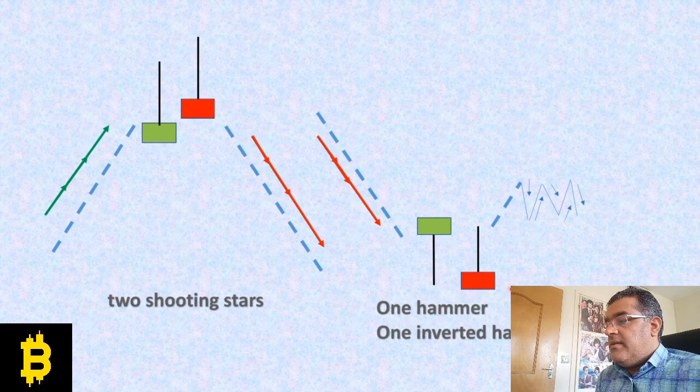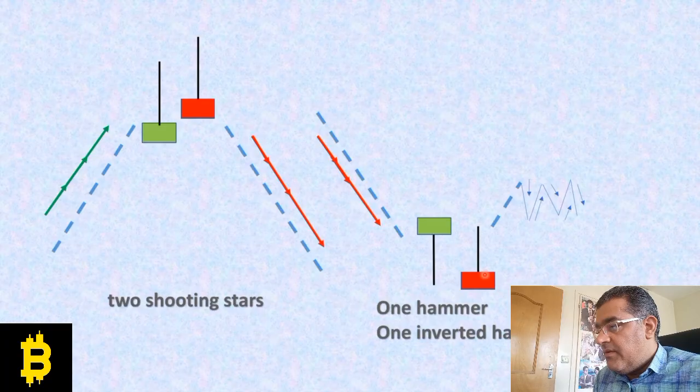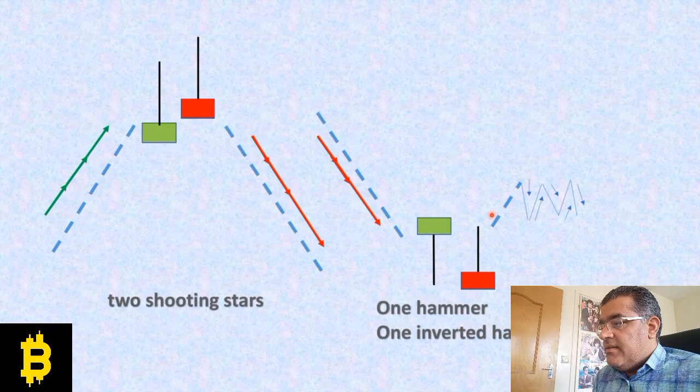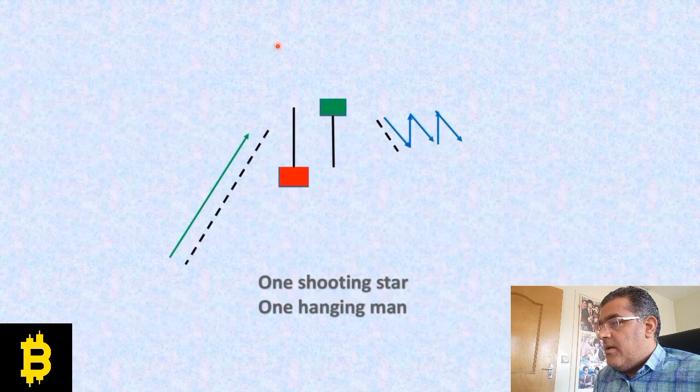The only thing we have to wait for is the confirmation candle, which is almost a confirmation candle. So the trend will go from upward to downward direction, if you see these two candles at the top of any upper trend.